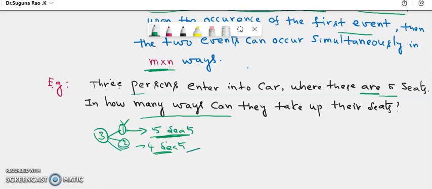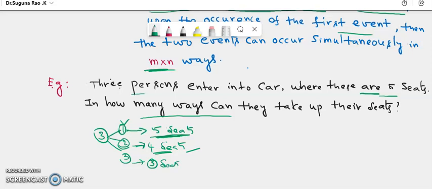So for the second person, there are 4 seats to occupy, and the second person can sit in any one of these 4 seats. For the third person, how many seats are there? After the first and second persons have taken seats out of 5, there are 3 seats left.